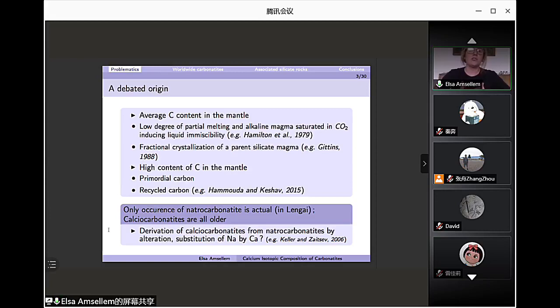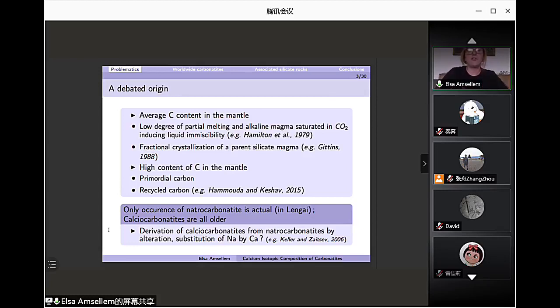Either the mantle source of carbonatites has an average carbon content, and then to produce carbonatite, a low degree of partial melting of the mantle is needed in order to produce a melt that is enriched in incompatible and alkaline elements.